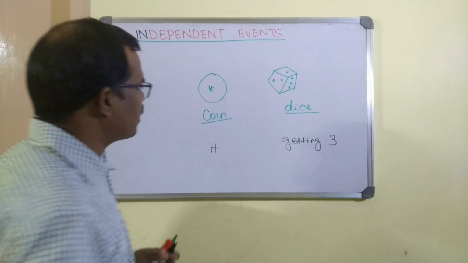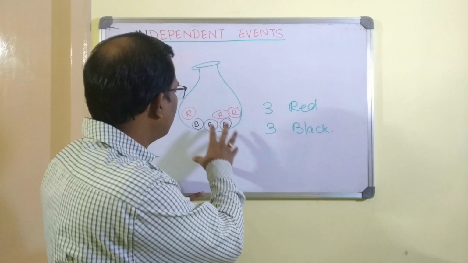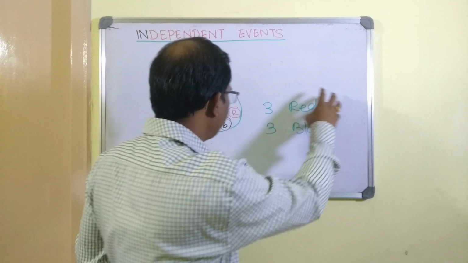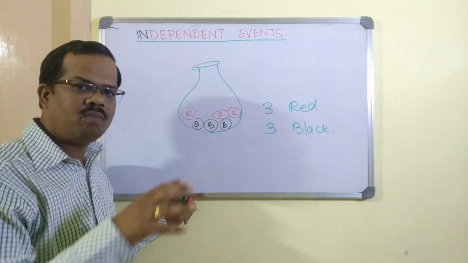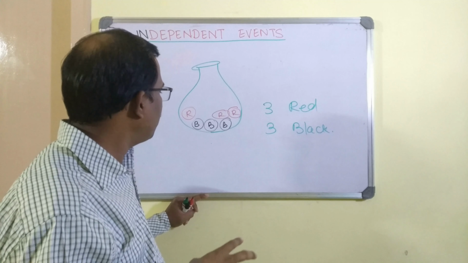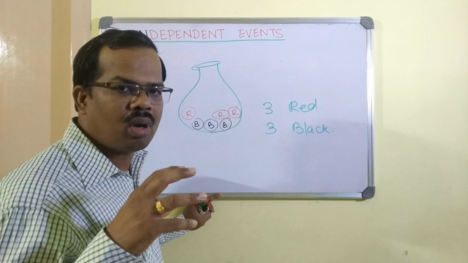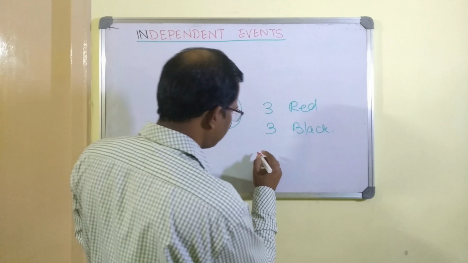I'm giving you another example. Let's say you have a bag and you have 3 balls of red color and 3 balls of black color, and if randomly you are going to pick a ball, then what will be the probability that it will become a red ball? Now, there are 3 red balls.